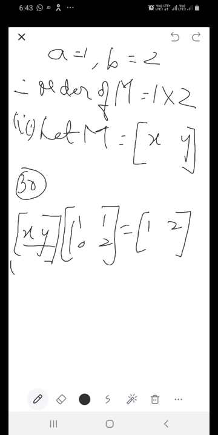What will you get? X into 1, X, plus Y into 0, 0.